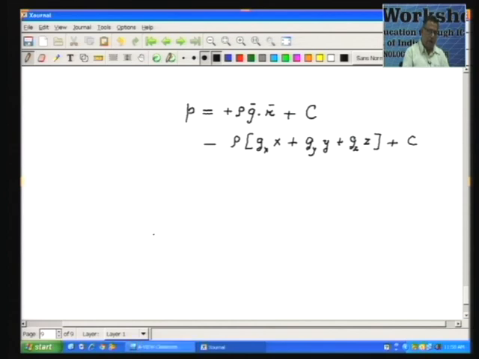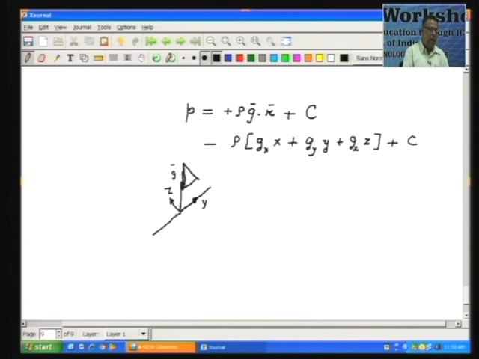Now, I will draw the coordinate system again. This was the plate, the top surface of the plate, and this was z and this was y, and this is the vertical direction. So, my g is in this direction, this is the gravity vector. Now, if I look at the components of this gravity vector, I can draw this vector triangle here. So, this is the y z component and this is the y component.